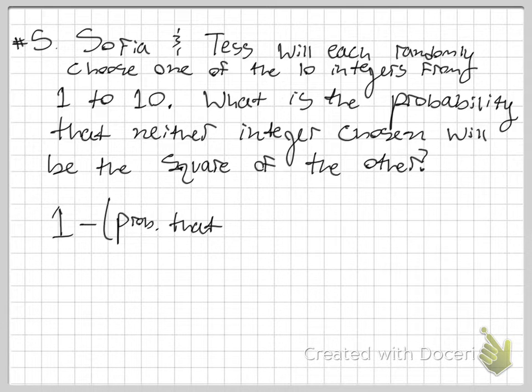So probability that one is the square of the other. Okay? So now we need to find out what the probability of one of the selections being the square of the other is.